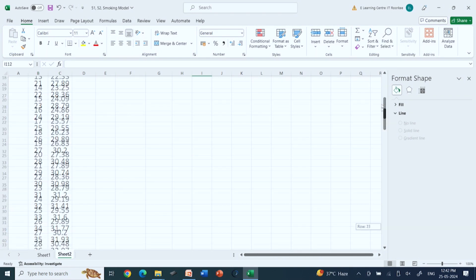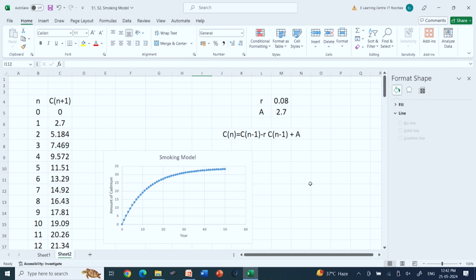equilibrium value, and this model is stable because, you remember, you get the modulus of 1 minus R, and R is a positive quantity, 0.08. So the modulus of 1 minus 0.08 will be less than 1, and hence this model is stable with these parameter values, and you get a graph like this.